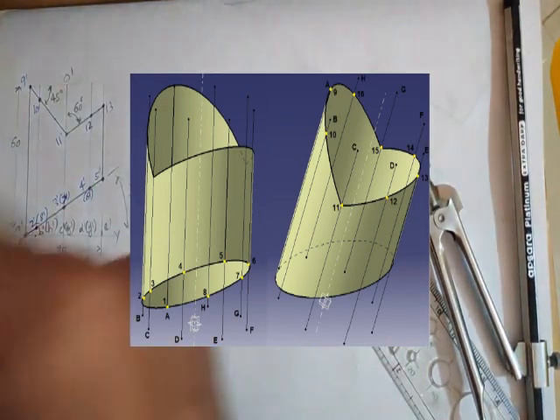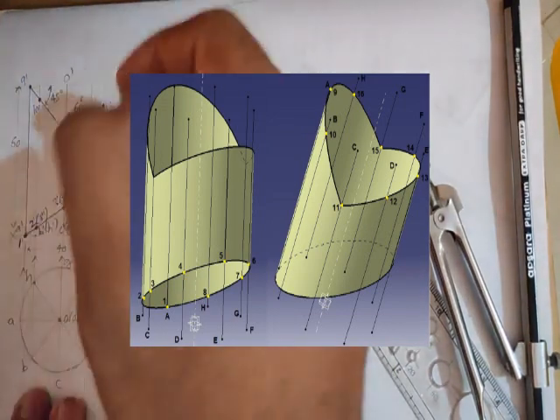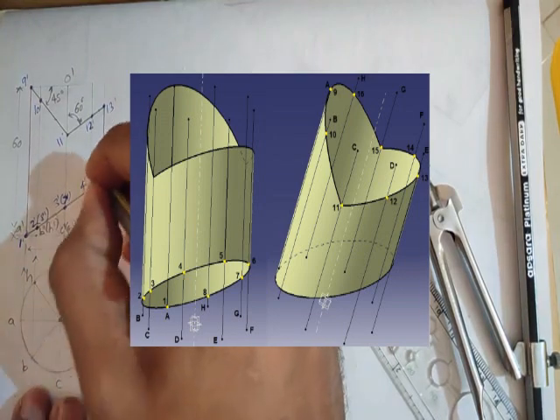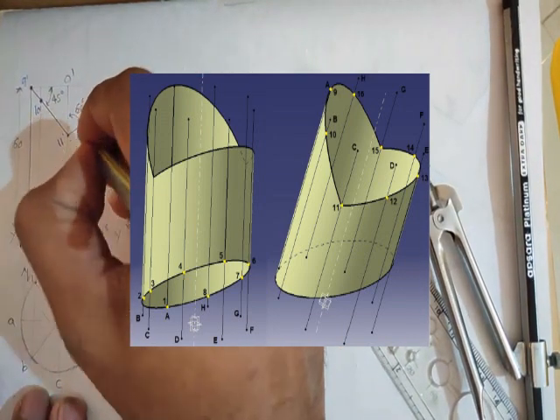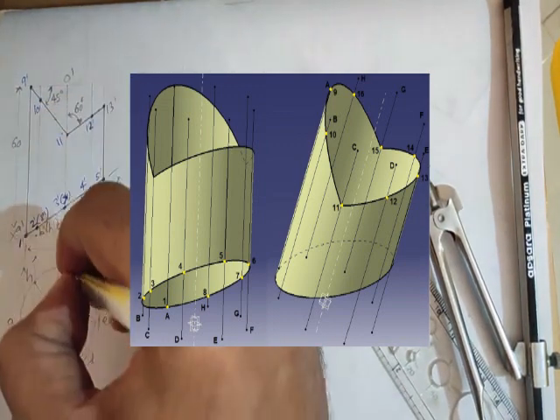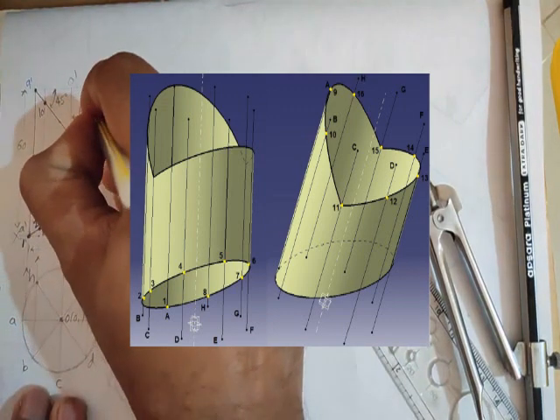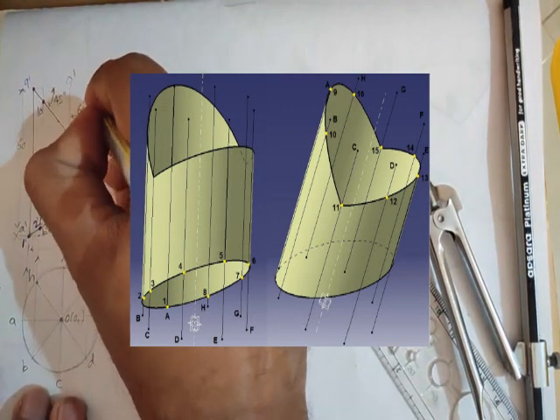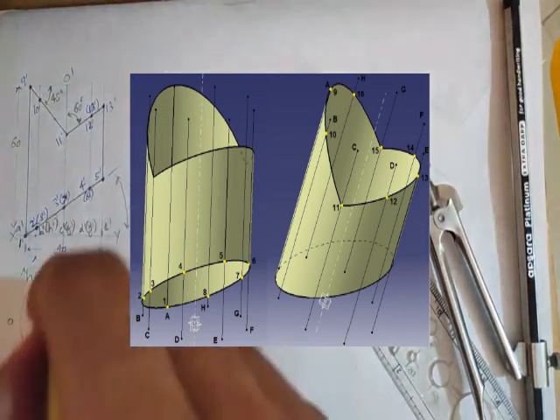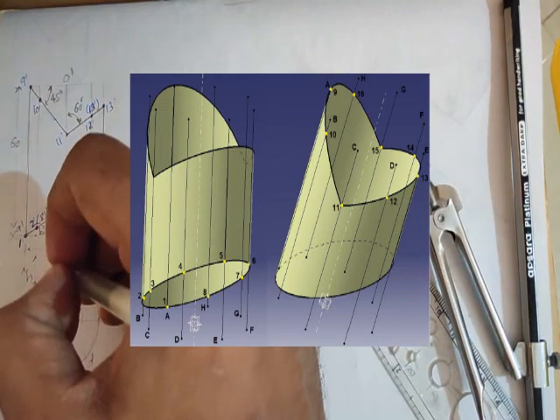Now, is this cutting plane cutting the generator F? Yes, at the same point as that of 12. But since F is behind D, I'll put it in bracket. Okay. Then is it cutting G?